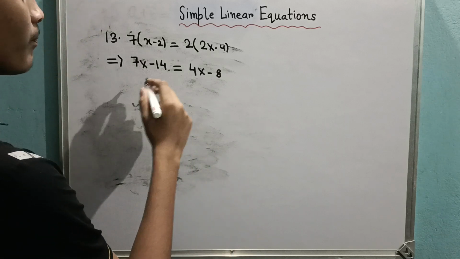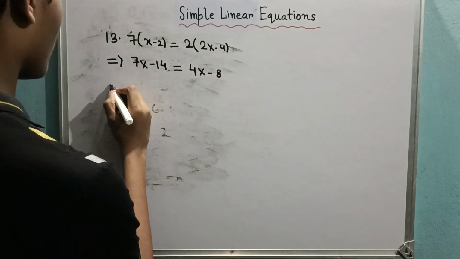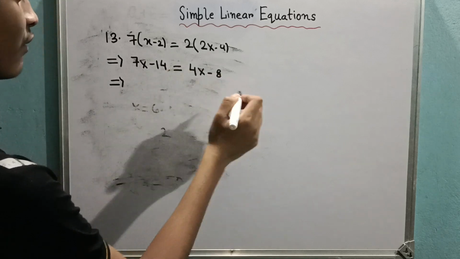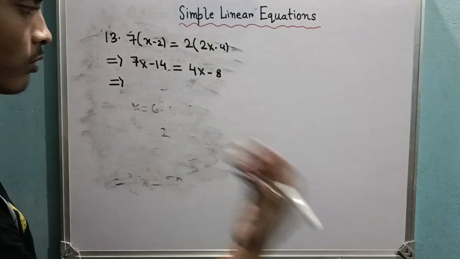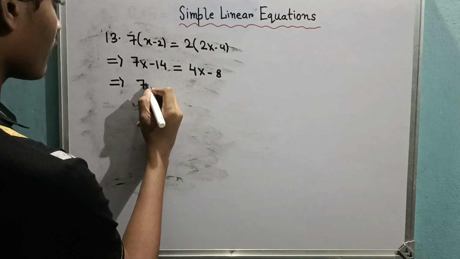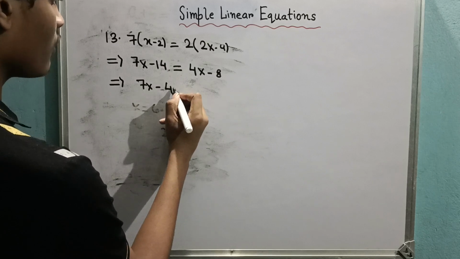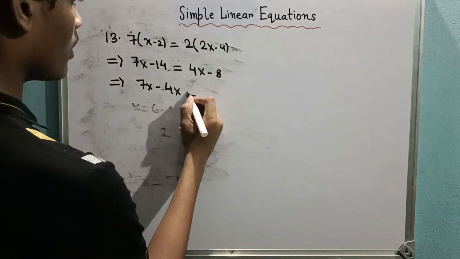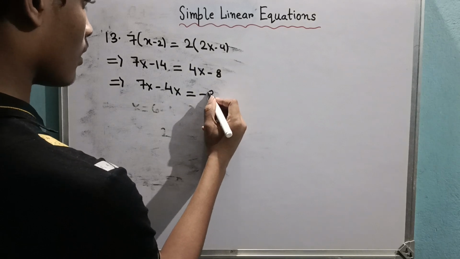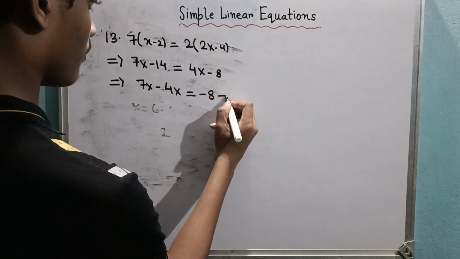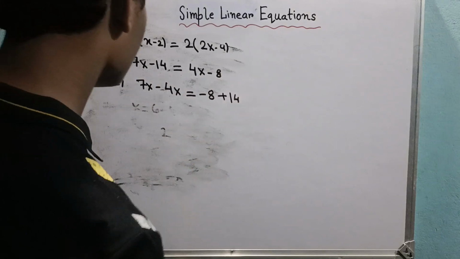So here I will shift the x terms to one side and the constant terms to other side. So 7x minus 4x will be equal to minus 8 plus 14. Okay.